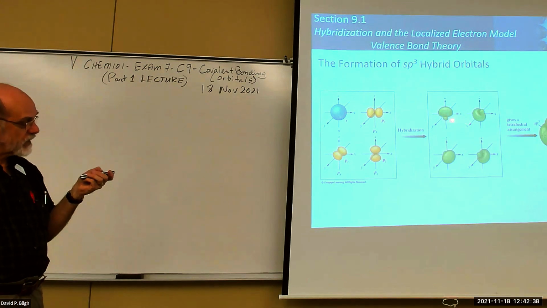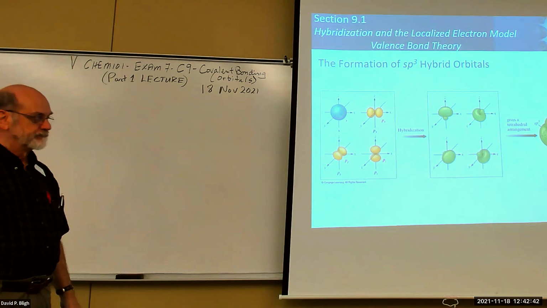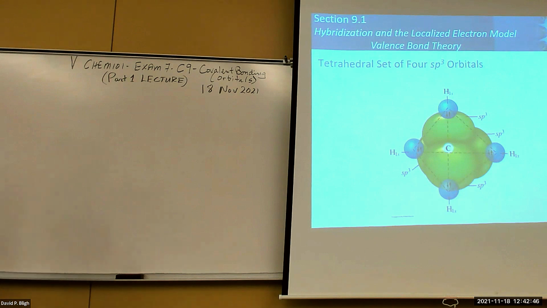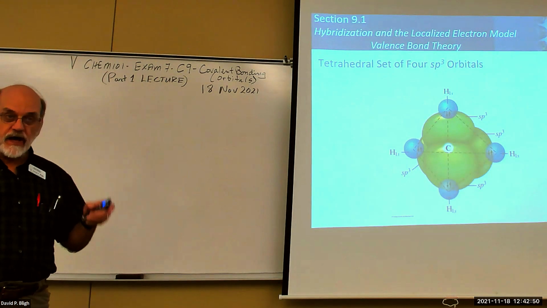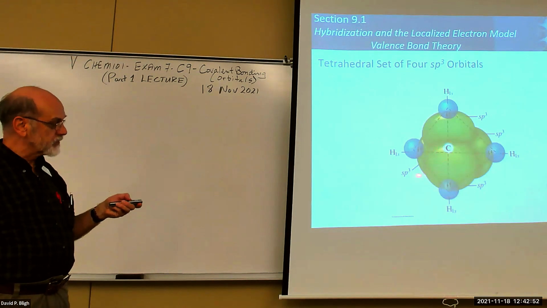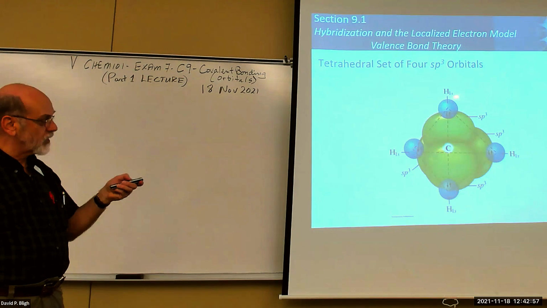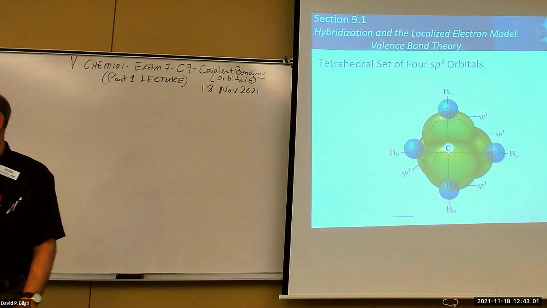So that's why they're kind of offset in between the axes like this. Okay, and that's what our molecule would look like. And you're still overlapping atomic orbitals. Carbon's sp3 hybrid orbitals overlap with the 1s orbitals on each of these hydrogens to give you the tetrahedron.